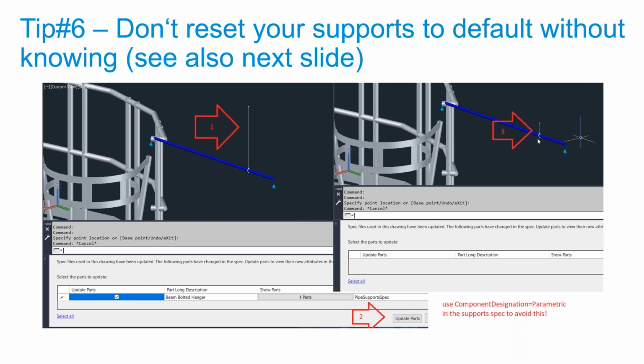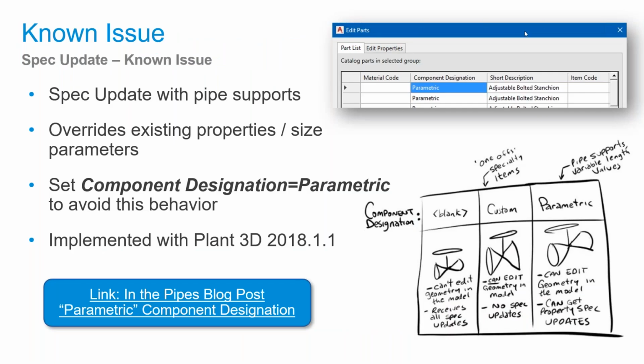And this can be easily prevented. Let's keep it like this. And the next slide is showing it. If you insert this in the component designation of all of your parts in the spec, the parametric information, and it has to be so, capital matters here, it has to be like this, then this problem will not happen.